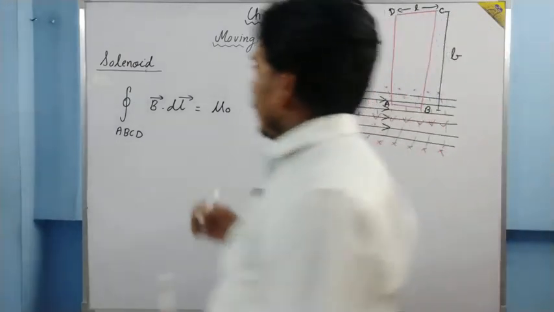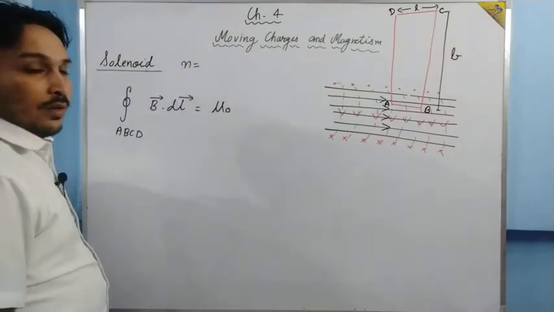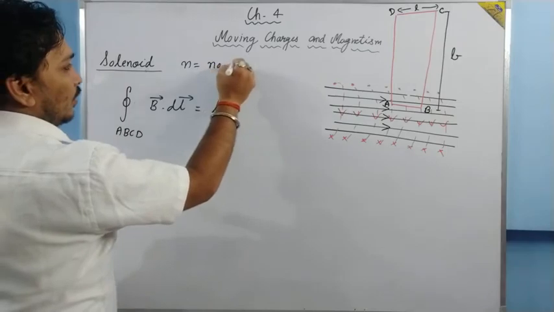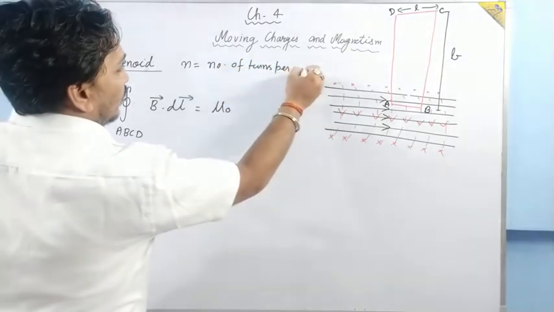So we are going to consider a variable over here, and the variable is small n. We say that small n is the number of turns per unit length.